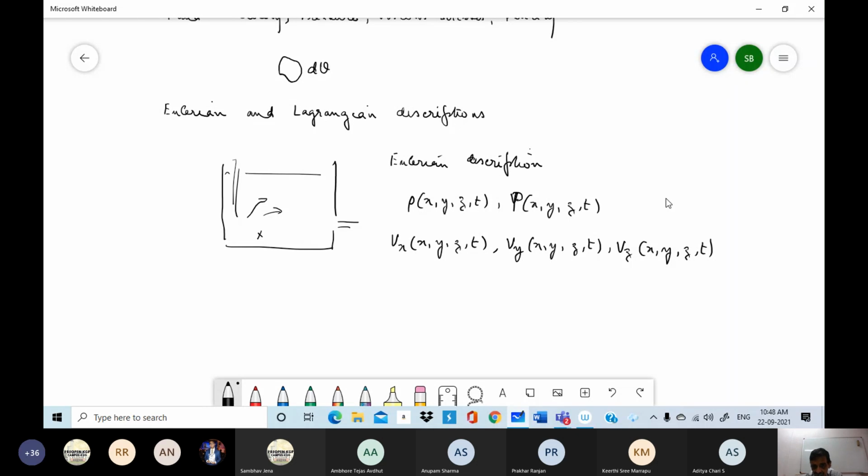Now, one reason why the Eulerian description has a certain shortcoming is, for a blob of fluid, we know that if we consider a certain blob of fluid and follow it as it moves, then the blob of fluid, if it is sufficiently small, can be considered to be a point mass.